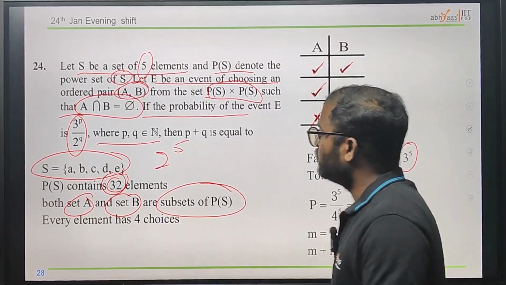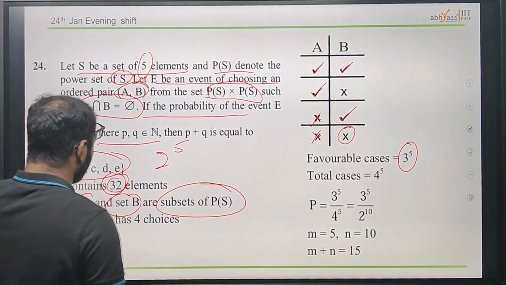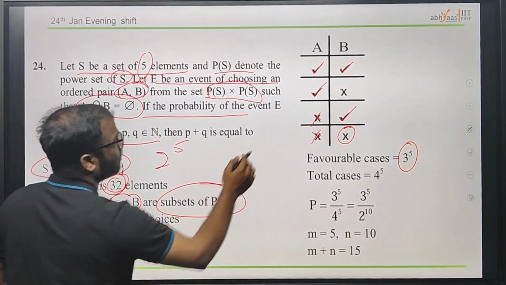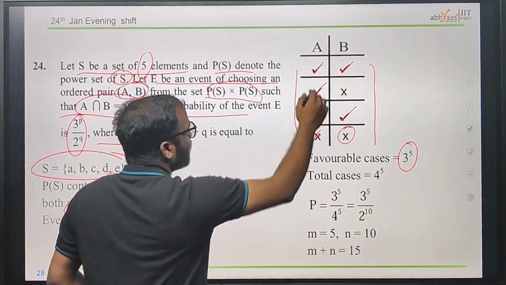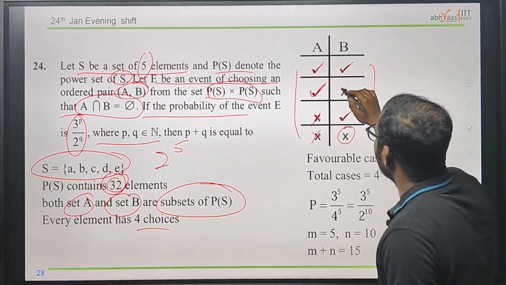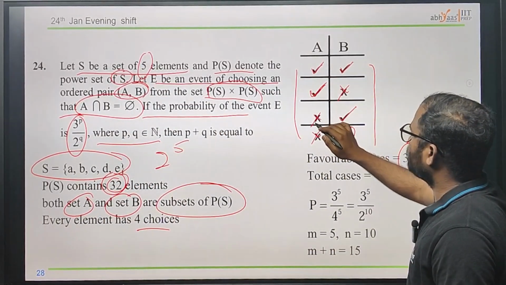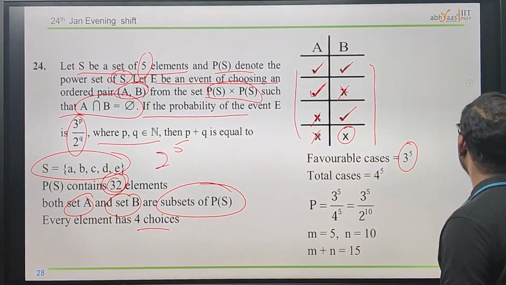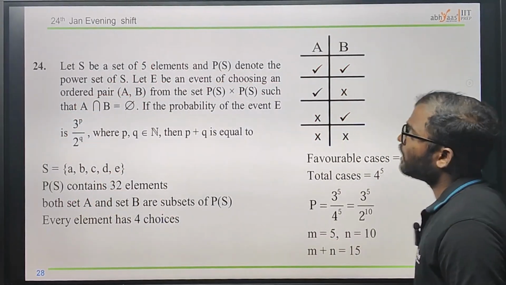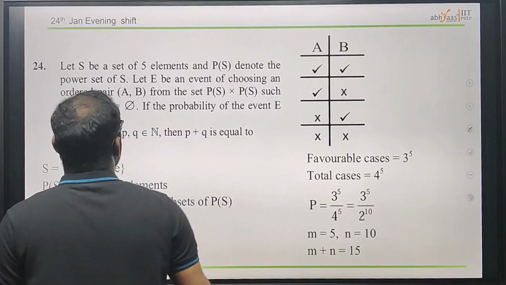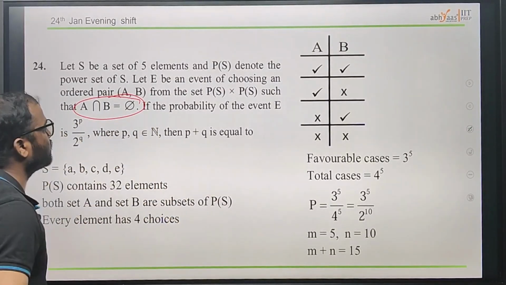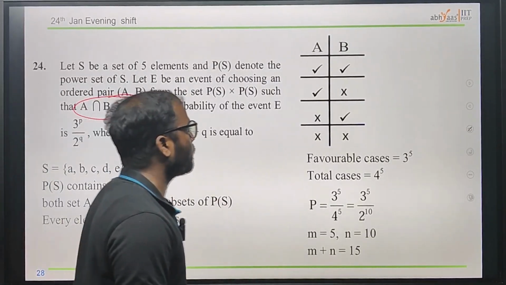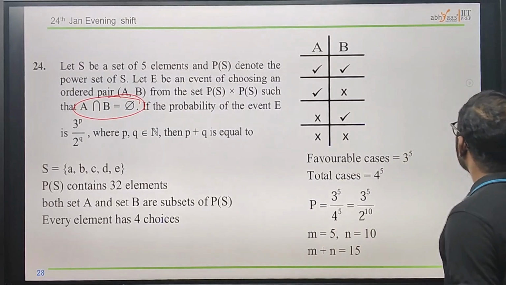These are the situations saying that each element has 4 choices: this can happen, this can happen, but both cannot happen together. Otherwise one can happen and the other not, or both can be not happen. It is like an and/or situation. This means it has to satisfy that A intersection B has to be null. Okay, I hope you understood.